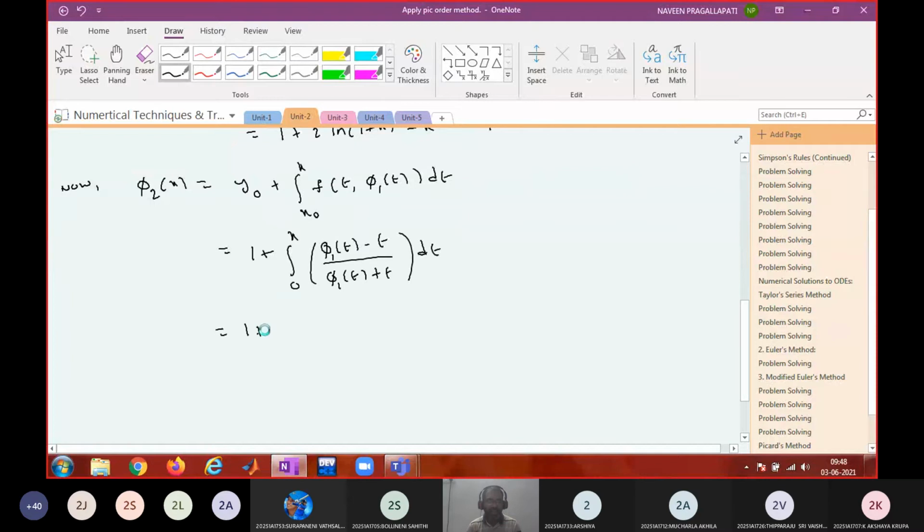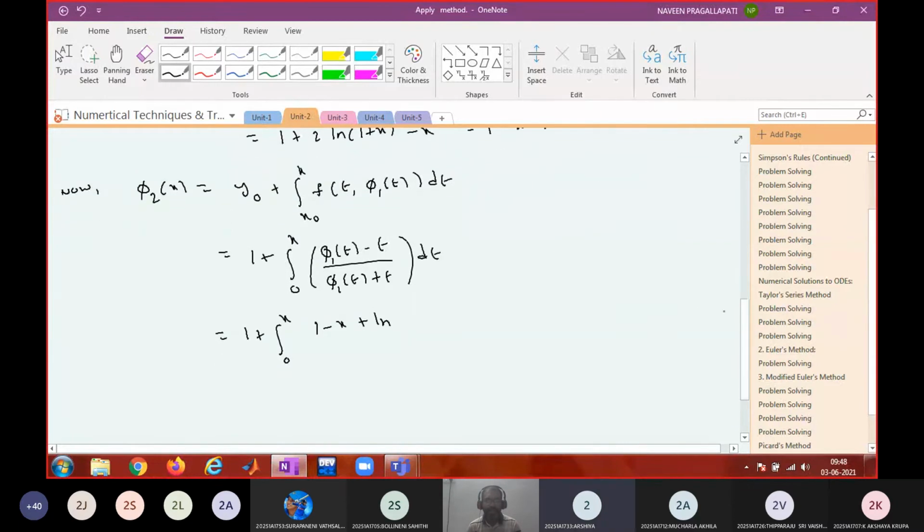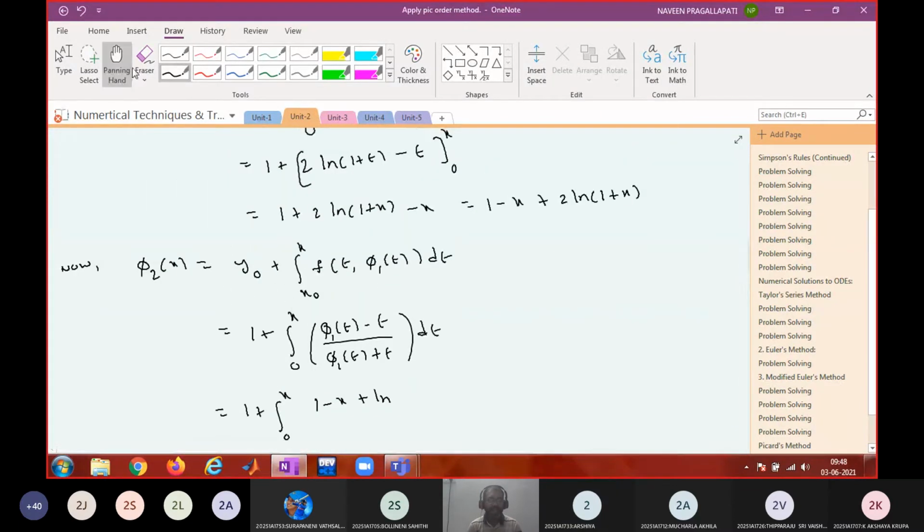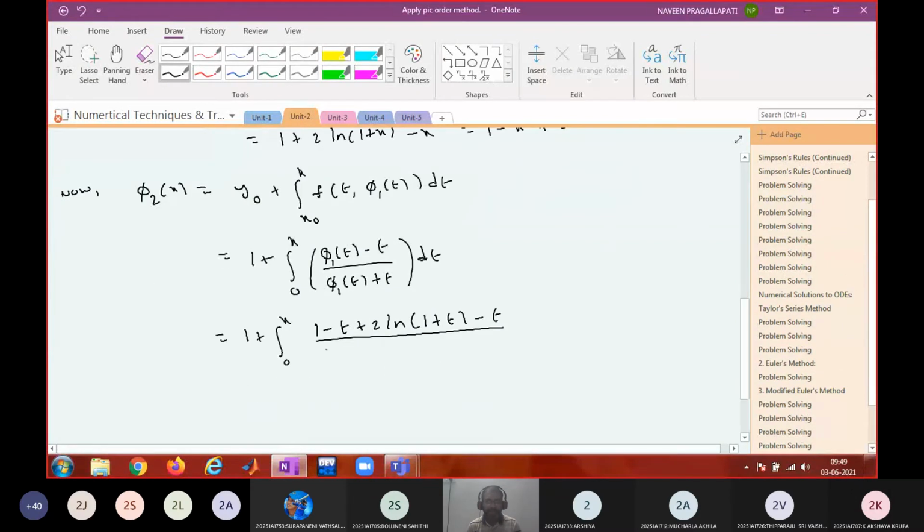So this is 1 plus integral 0 to x of 1 minus t plus 2 log of 1 plus t, minus t, by 1 minus t plus 2 log of 1 plus t, plus t, dt.